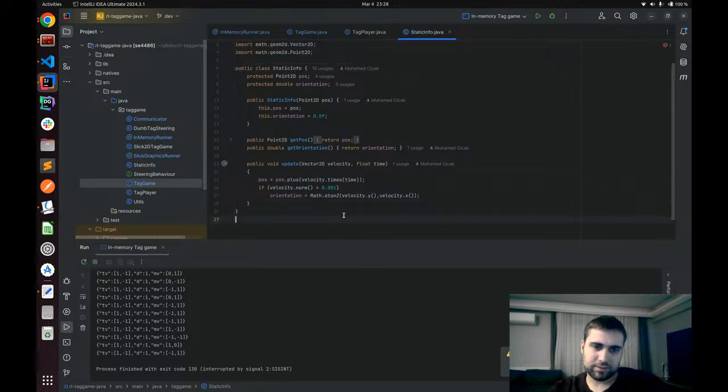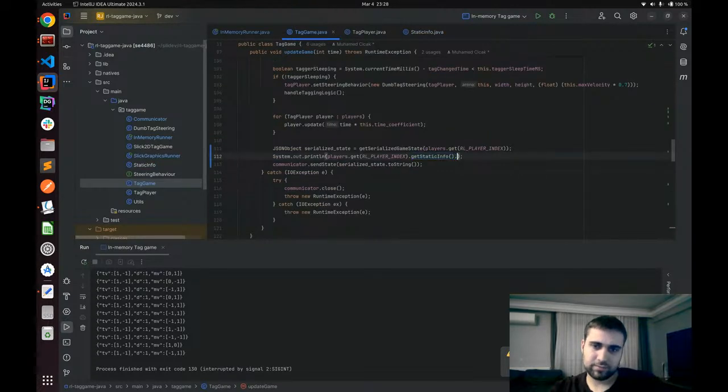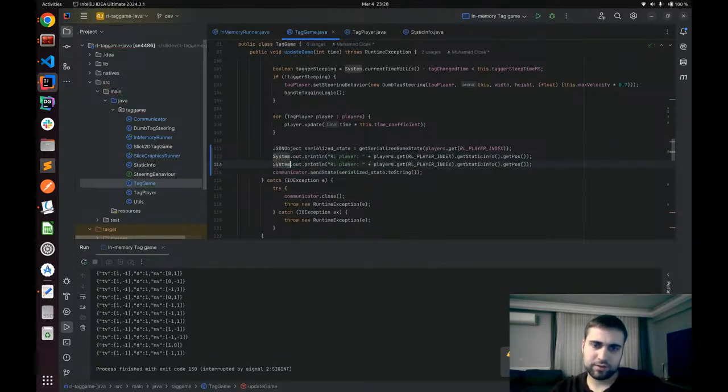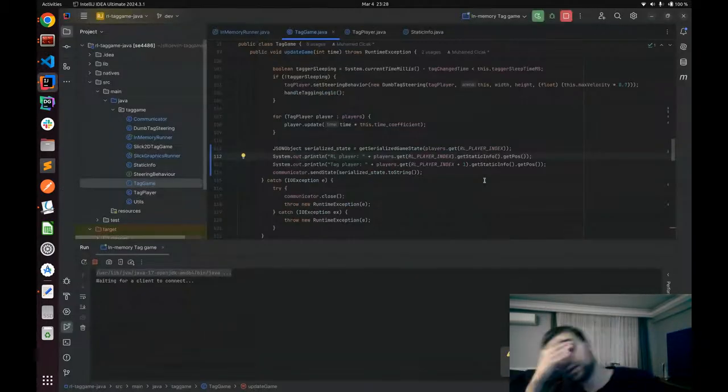Well, that's all I care about anyway, so I would assume that tag player, no RL player or agent in other words, and then tag player is I guess just plus one in this case because this guy is 0. This is just debug code. Don't have a better idea here.